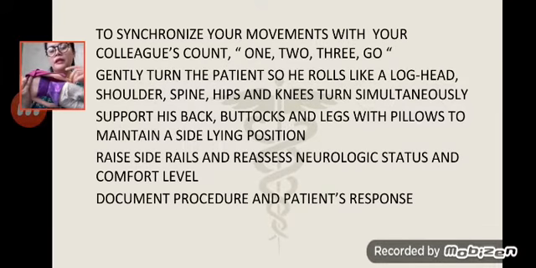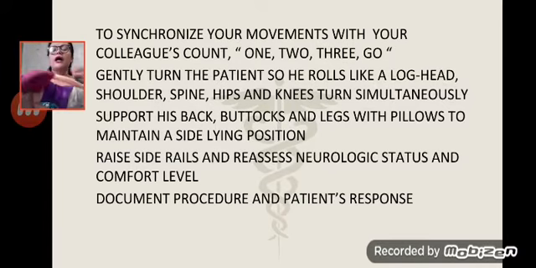So if you've already placed the patient in a side-lying position like this, so you will tuck in. Okay, you will tuck in the pillow here, so that if in case that you will be leaving your patient on this kind of position, there will be a pillow supporting the patient. Then after that, maintain a side-lying position, then raise the side rails up.